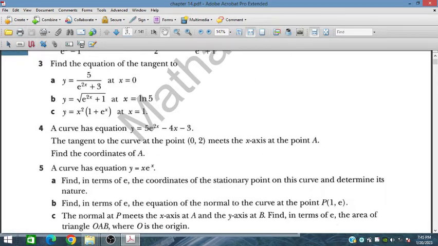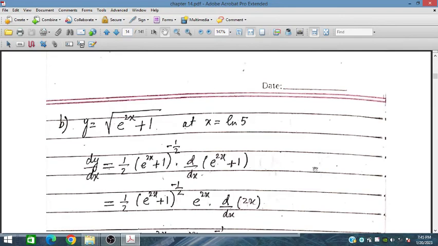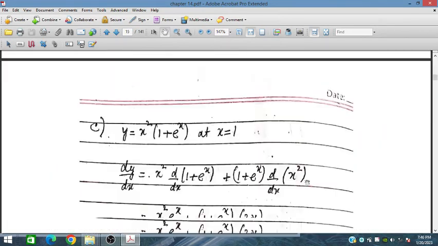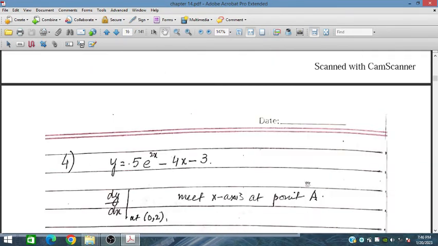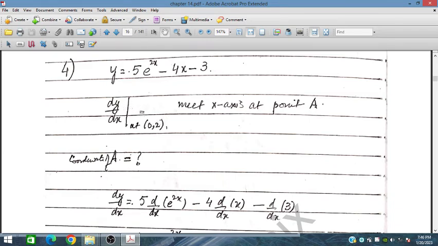So for this equation, we find dy by dx at 0, 2.